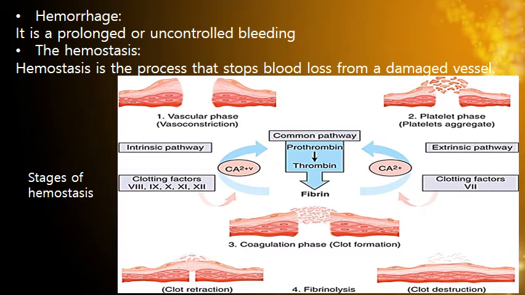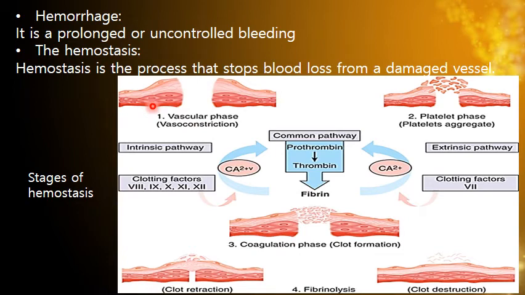It is a normal mechanism in the body. Any wound in the body, this hemostasis process will start to stop the bleeding from the wound. It consists of several phases. Phase 1, or the vascular phase.